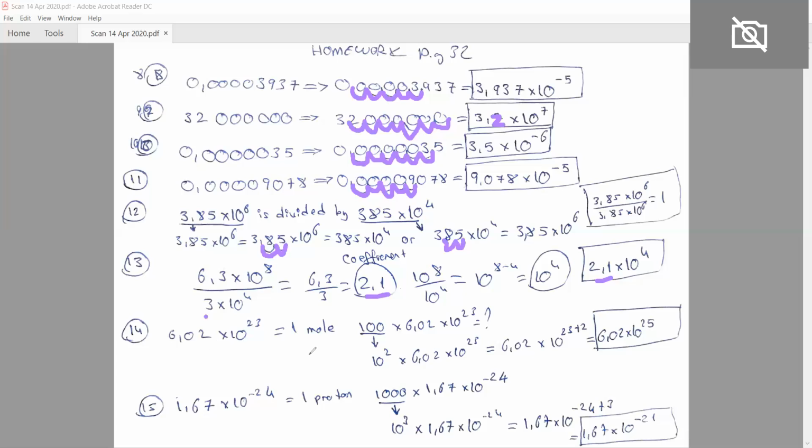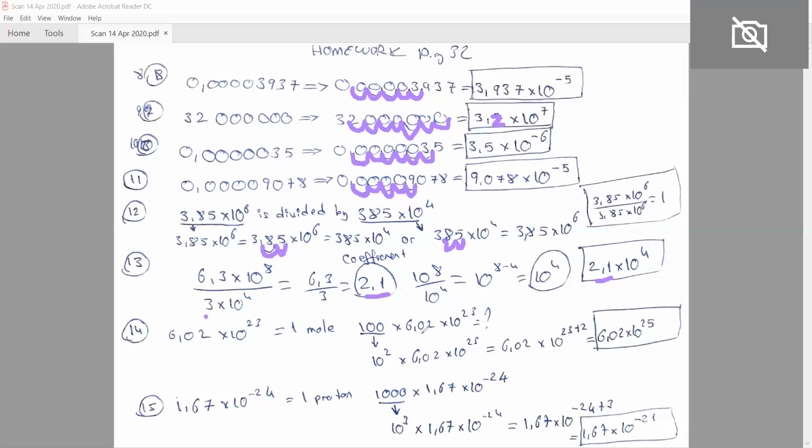Then, if you look at the question again, 6.02 times 10 to the power of 23, and now times 100, I converted this 100 to an exponent. It became 10 to the power of 2. So basically, guys, 10 to the power of 2 times 10 to the power of 23.